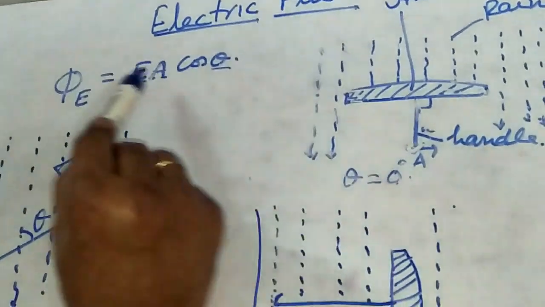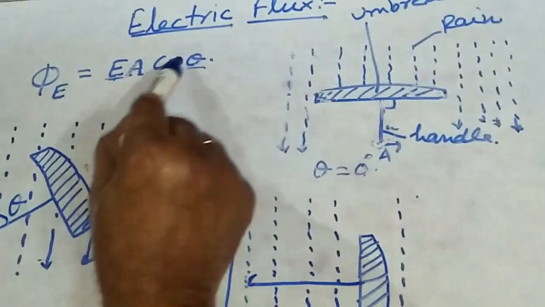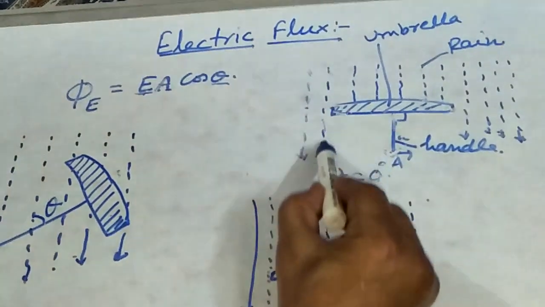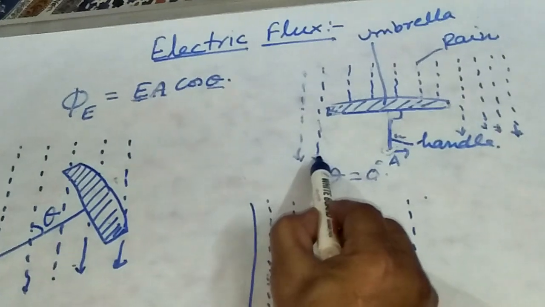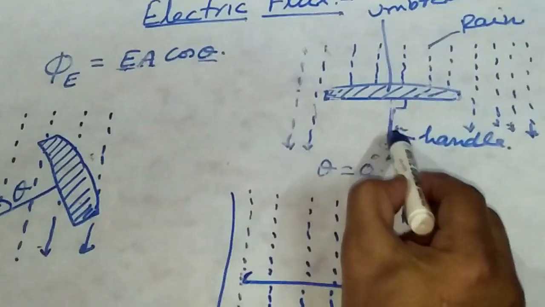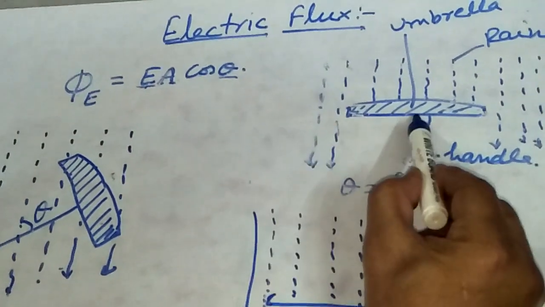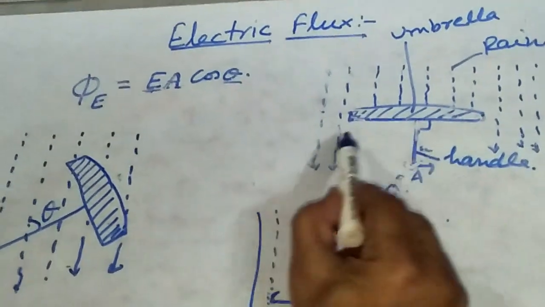And in this case, phi is equal to EA cos theta. So here theta is what? The angle between the electric lines of force, meaning the electric field, and the handle, or axis of this area vector. So this electric field and this area vector both are parallel.